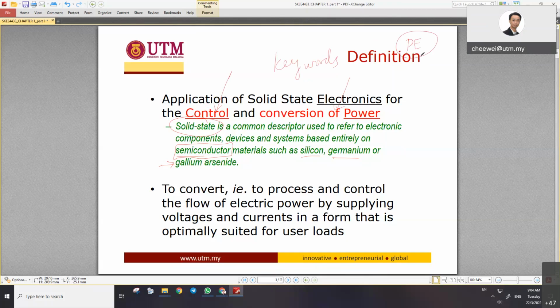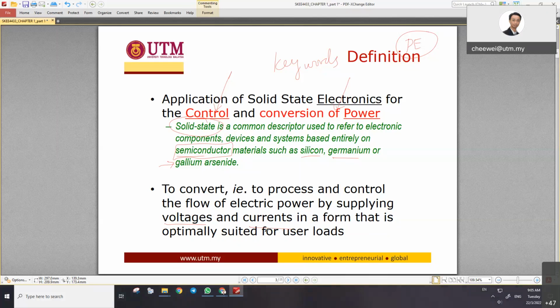What is power electronics? You must have the keywords of control and conversion of energy or power. If either one is missing, then it's not power electronics. Convert or process and control the flow of electric power by supplying voltage and currents in a form that is optimally suited for user loads.